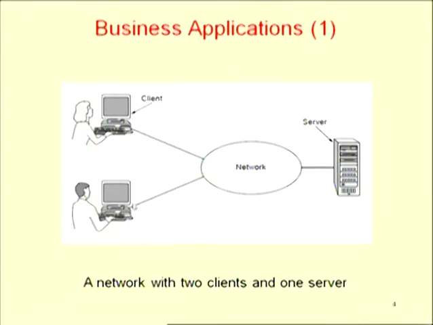Along with that, a second client computer is there, which are being used by two users, and these two client computers are connected to a network. So this network is allowing these two clients to communicate with each other. At the same time, this network will allow these two clients to access the resources of this server.